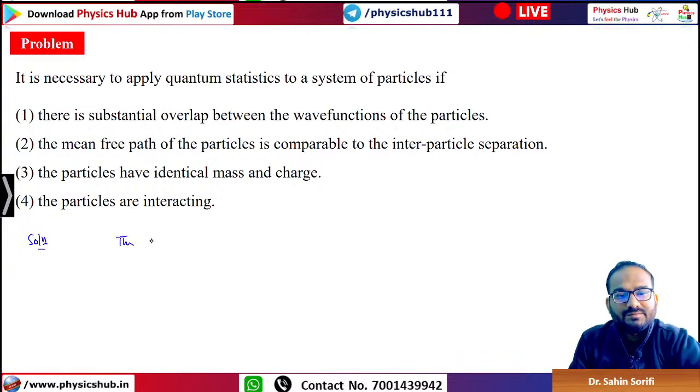Look, the quantum statistics you want to apply means quantum effects will be prominent.